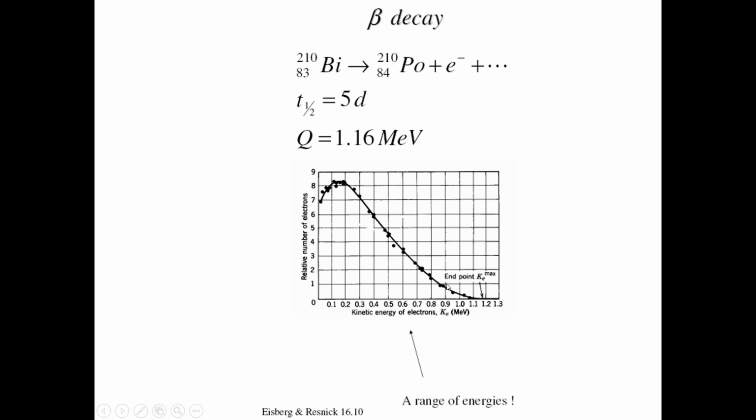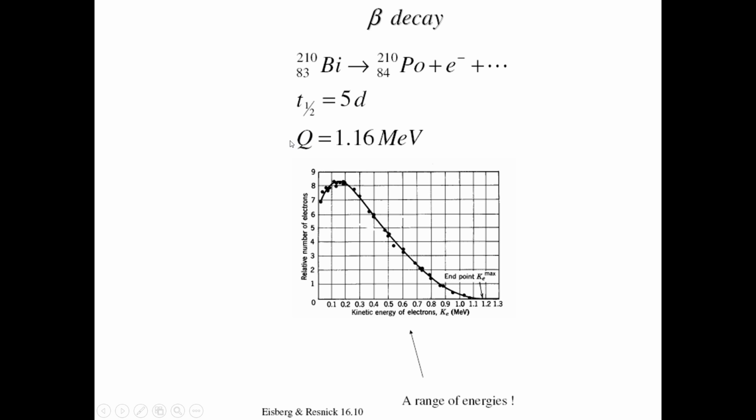Here we can consider a practical example for beta decay. We have a bismuth atom. During beta decay, the bismuth atom is converted into polonium with beta negative emission, after a half-life equal to 5 days.